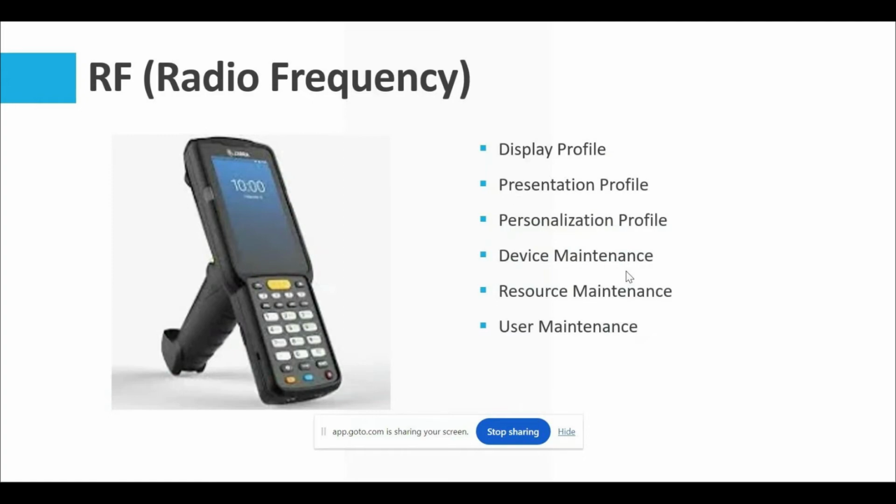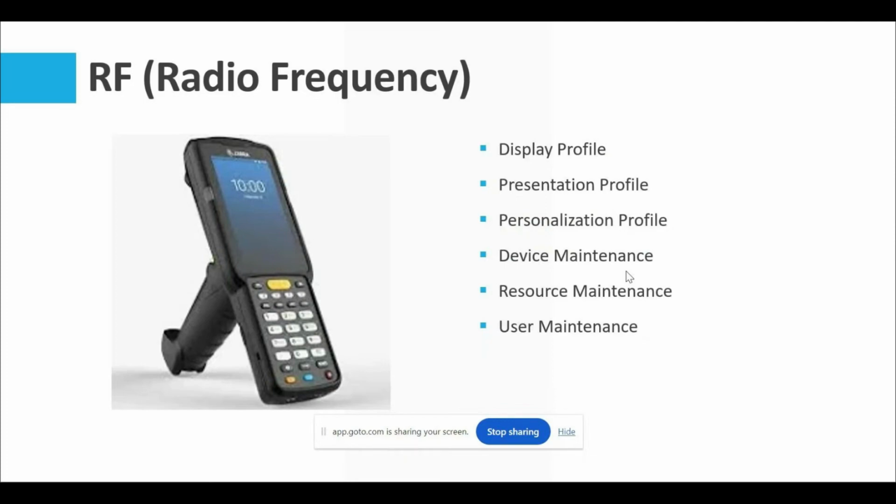You can have one custom presentation profile and multiple personalization profiles. With this combination, you can have the menu created as per the business requirement, and for whatever set of users the business is giving, in the user settings you just assign that personalization profile, so that whenever that user logs into an RF application, he will be seeing only that menu. So this authorization kind of a thing is managed through the personalization profile in the RF applications.